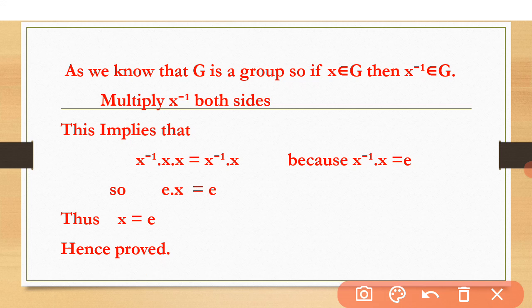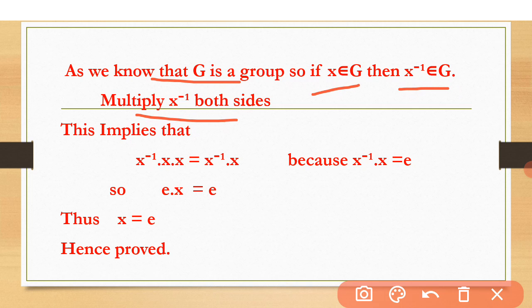Next, as we know that G is a group, so if X belongs to G, then we know that X inverse also belongs to G, because in a group, every element must have its inverse. So, multiply by X inverse on both sides.